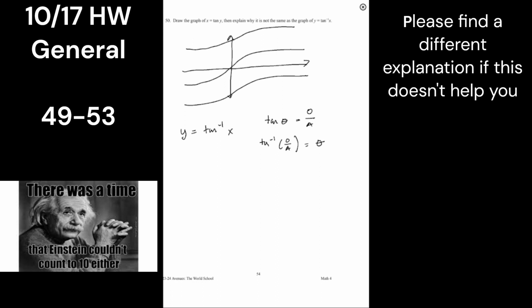Now the problem with this is that this ratio, no matter how big the ratio is, will always be between negative 1 to 1. Or, I guess in this case, 0 to DNE.